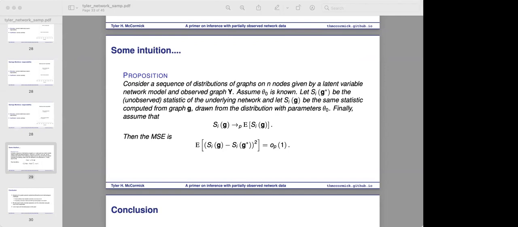For the new people, a number of people in the room are new social networks and health fellows and others who are just getting started in this field, and it really is a difficult trade-off. Just to highlight some of the ways these things work: it's really hard to collect network data on individuals.